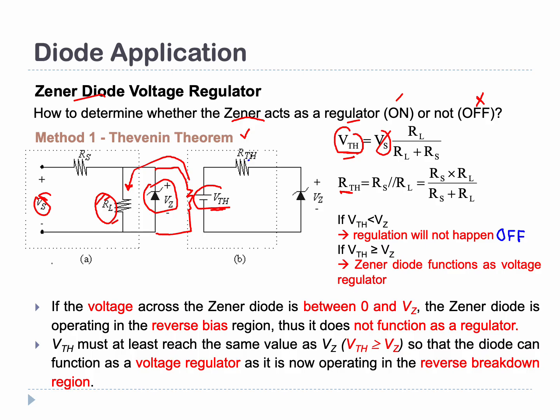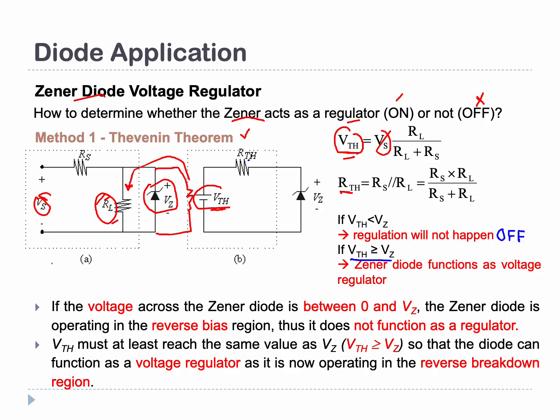However, if the V Thevenin that you have calculated earlier is larger than VZ, or the same value, it must be slightly larger than the value of VZ.